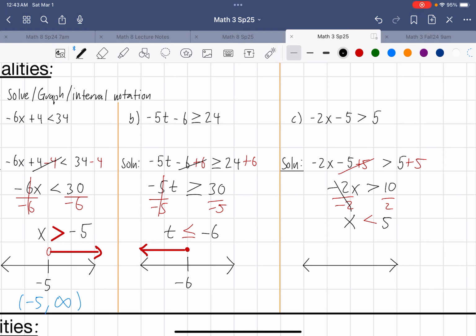The only number I have to reference is 5. 5 is clearly not going to be one of my solutions, so I'm going to write an open circle, and the smaller numbers are to the left. Let me just fix this.